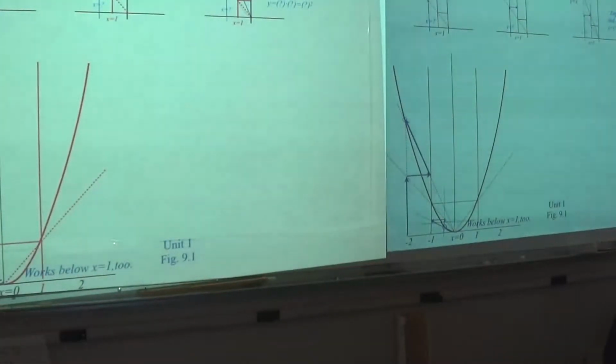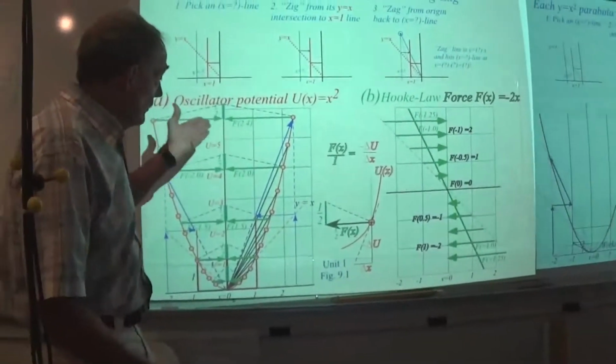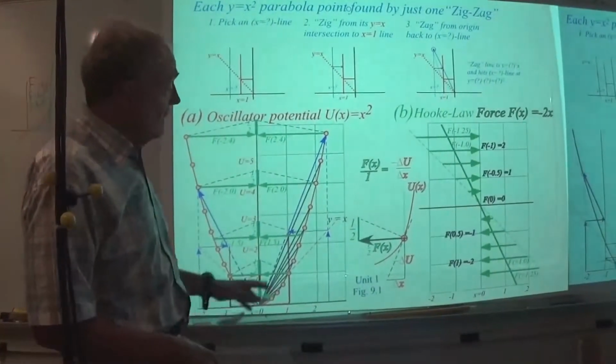And we're not even really using graph paper here, except that if we want to know what numbers go with those points, we would need that. In any case, this is a picture of the oscillator potential that I might draw whether I do zigzags or not.